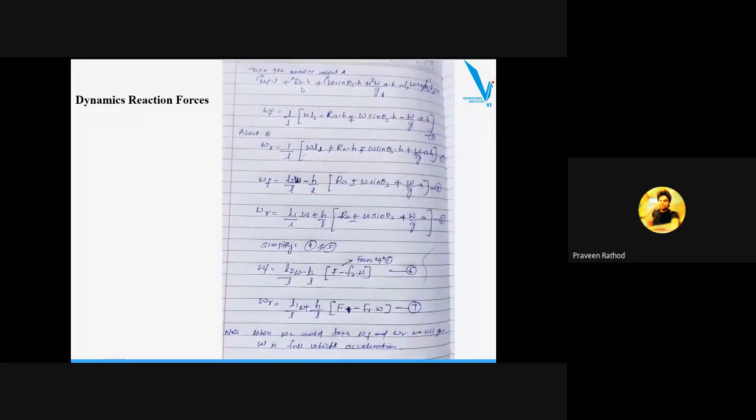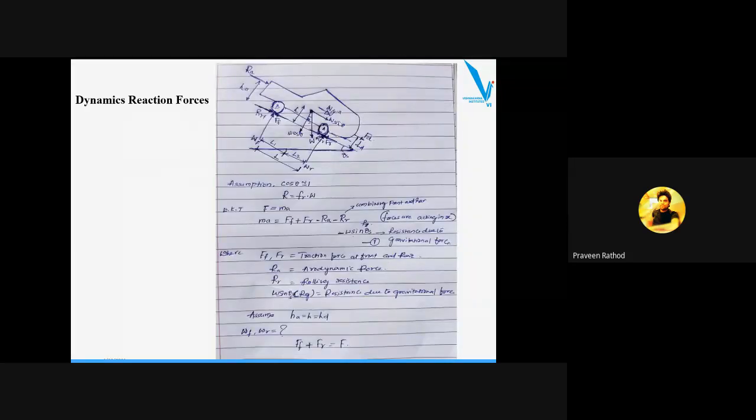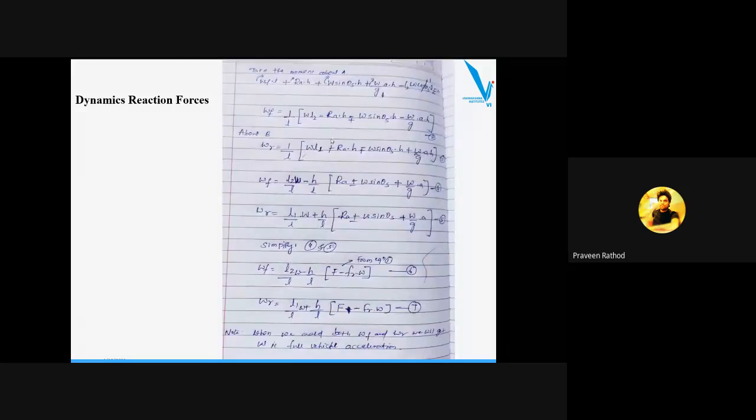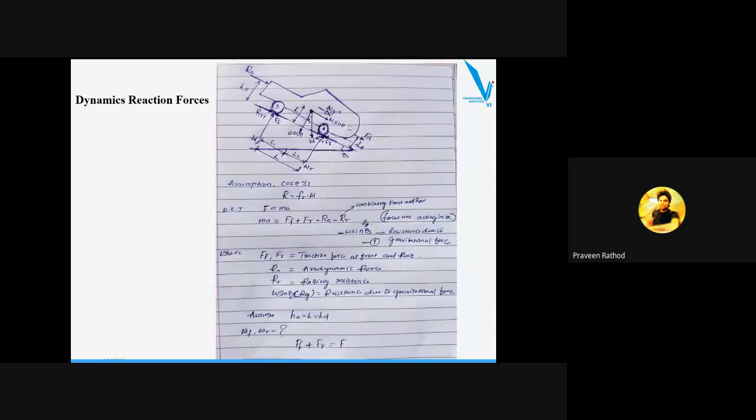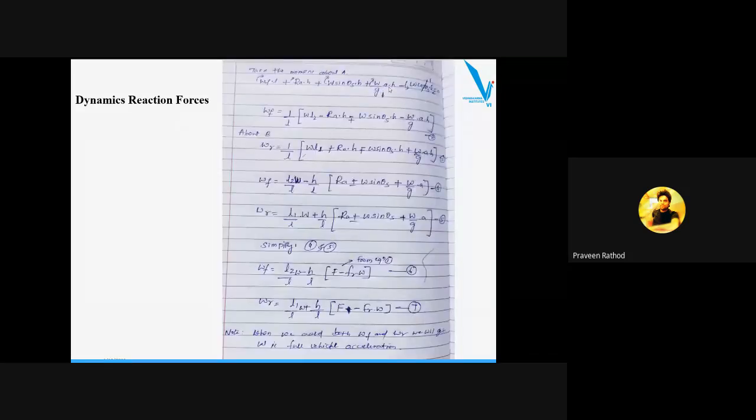RA into H. The next force acting over here is W sine theta multiplied by H, which is also acting in a clockwise direction. One more force is D'Alembert's force, W by G into A multiplied by H, which is also acting in the clockwise direction.